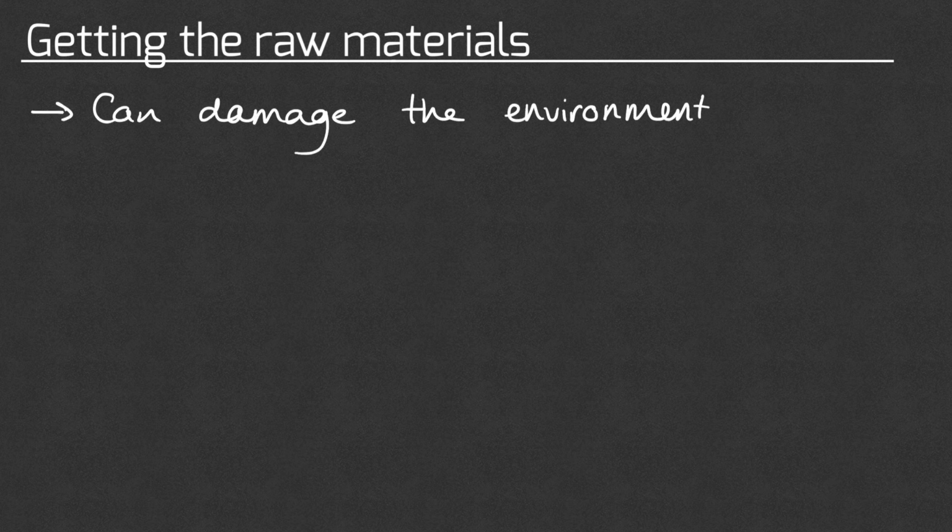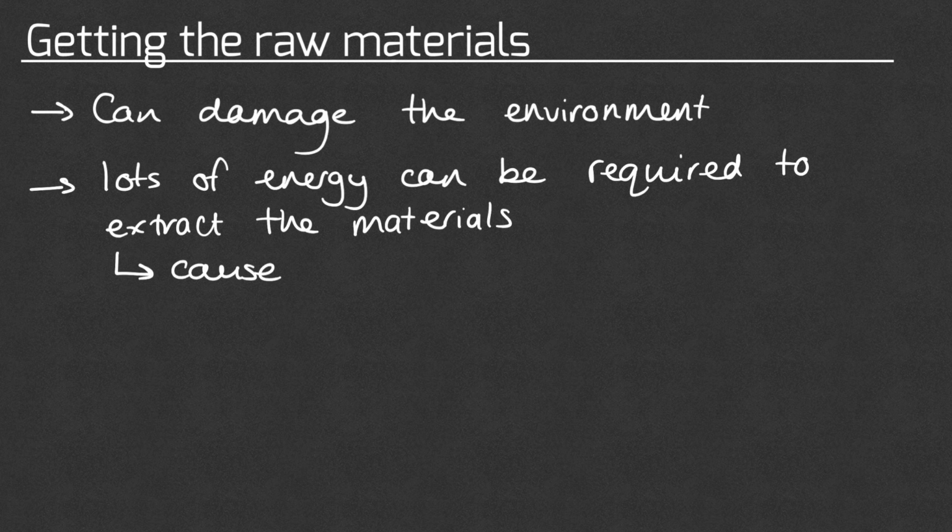Extracting the raw materials needed for a product can damage the environment. For example, lots of energy might be required to extract the materials. As this energy will come from a fossil fuel, it will cause pollution, for example through the release of greenhouse gases causing global warming.